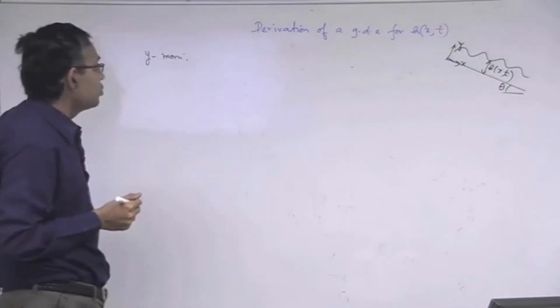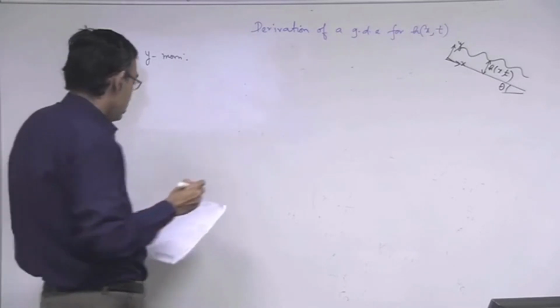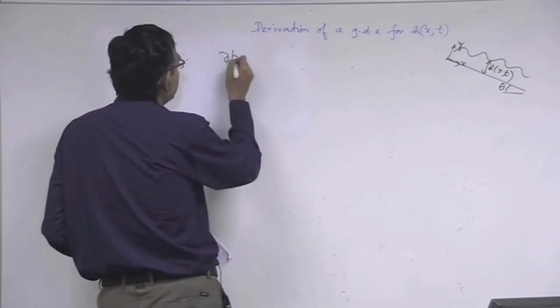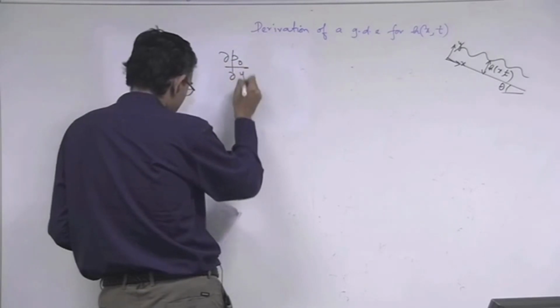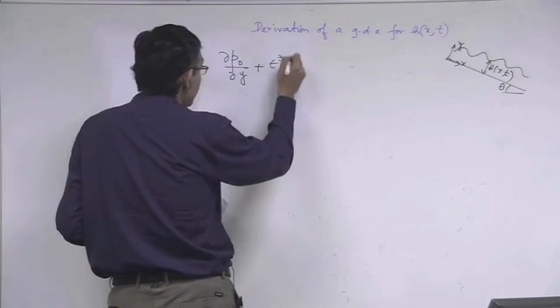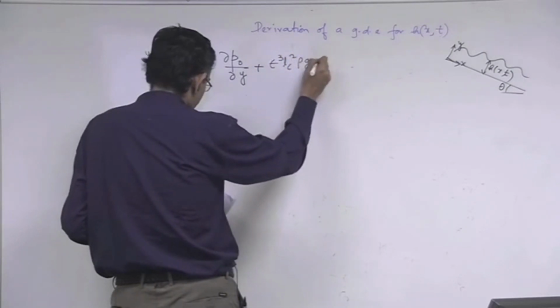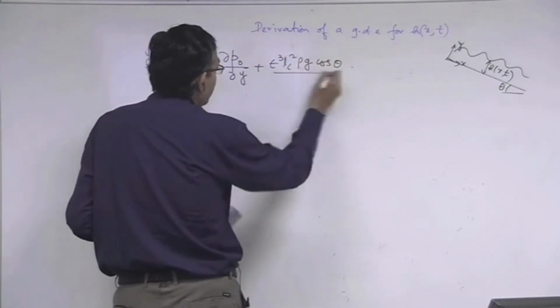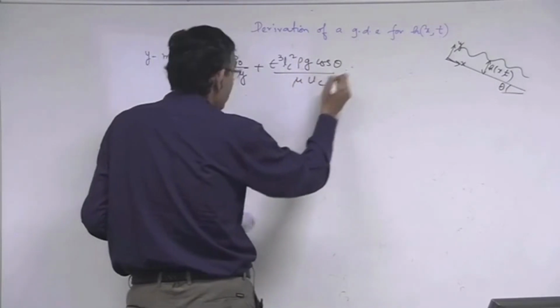So the Y momentum equation: del P0 del y, these are there in your slides or notes, plus epsilon cube LC square rho g cos theta by mu UC equal to 0.